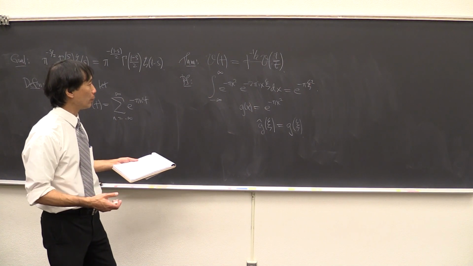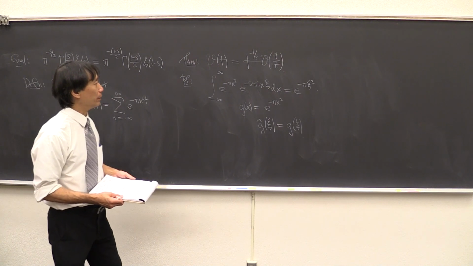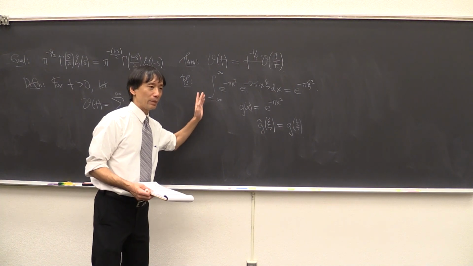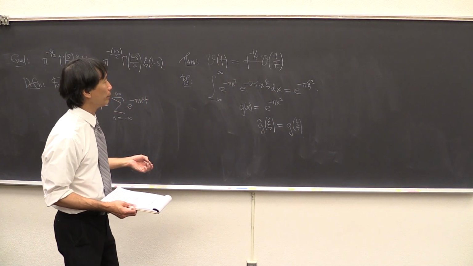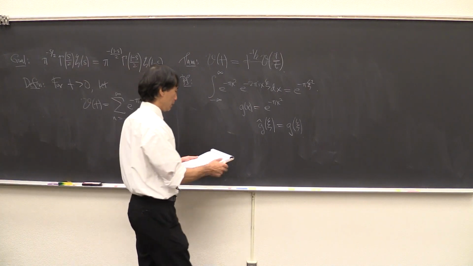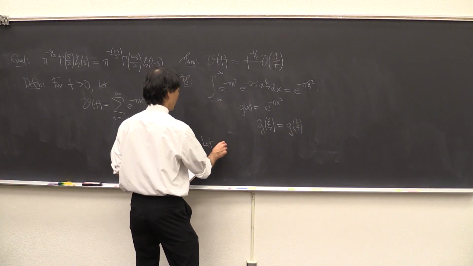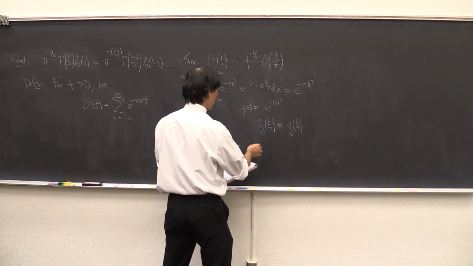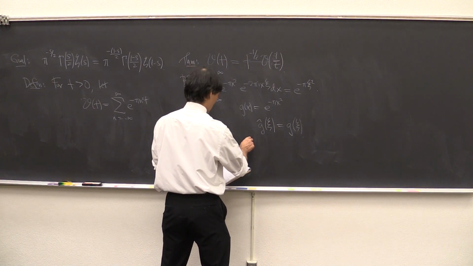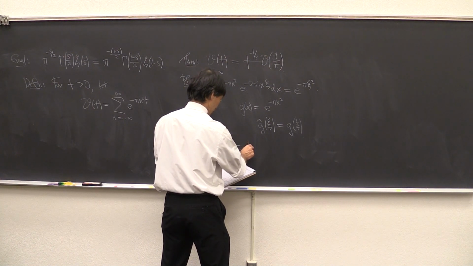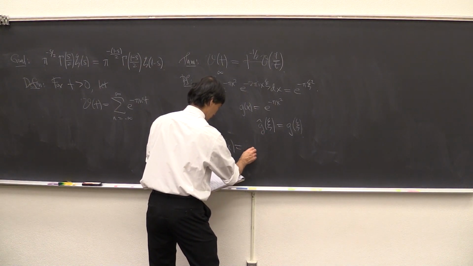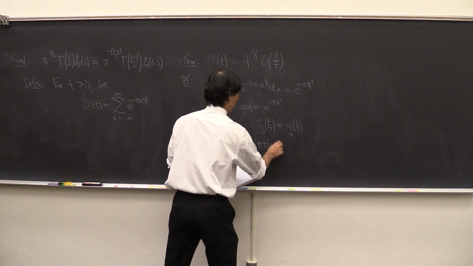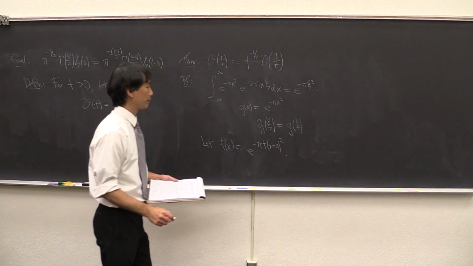So we're going to use this formula. We're just going to play around slightly with this formula in order to get the Fourier transform for another function. So we'll let f of x be just a scaled and translated version of this function. So it'll be e to the negative pi t (x plus alpha) squared.